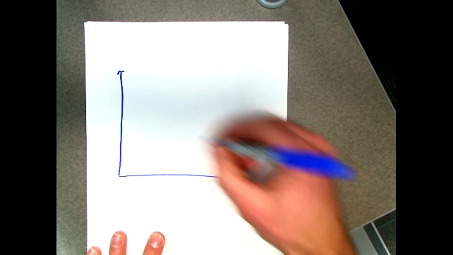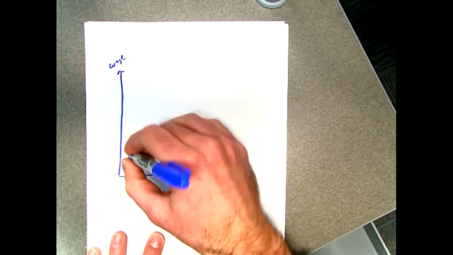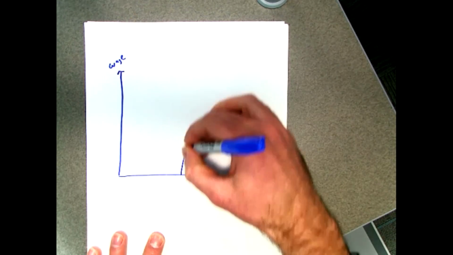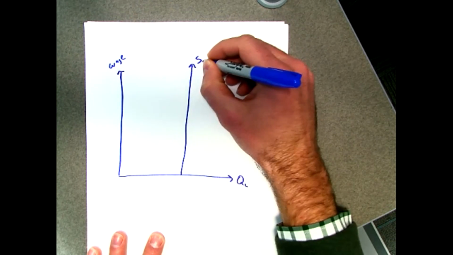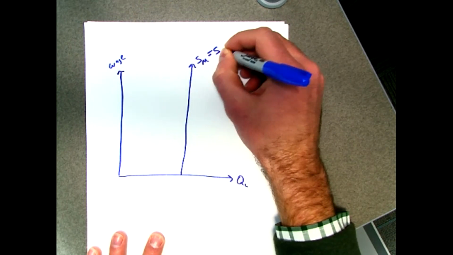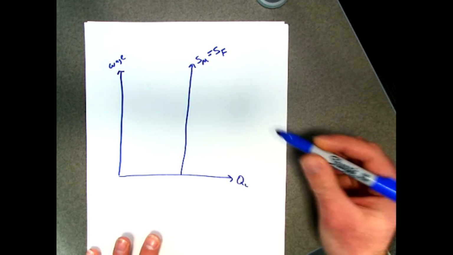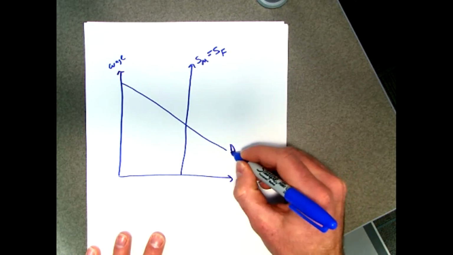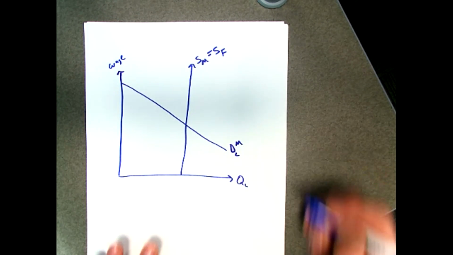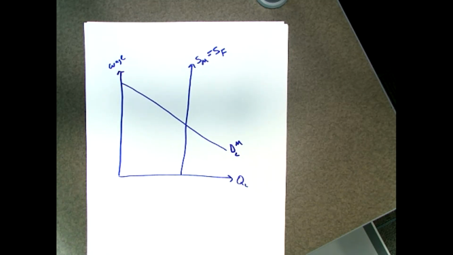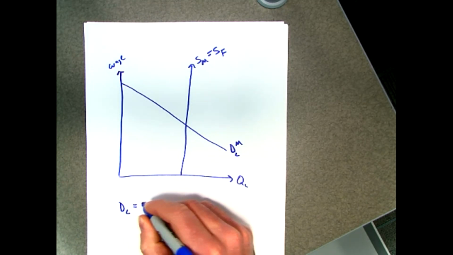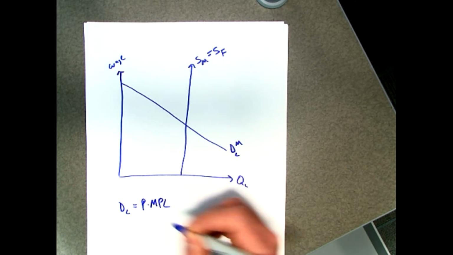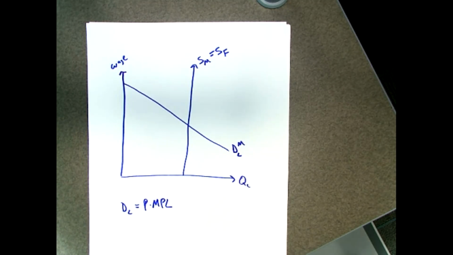So let's say we got something like this, and I made supply real easy, where the supply for males was the same as the supply of labor for females. I then had this demand curve for labor from males. What we sometimes think about is this demand curve for labor is the price times the marginal productivity of labor. But I said that this was the same between males and females.